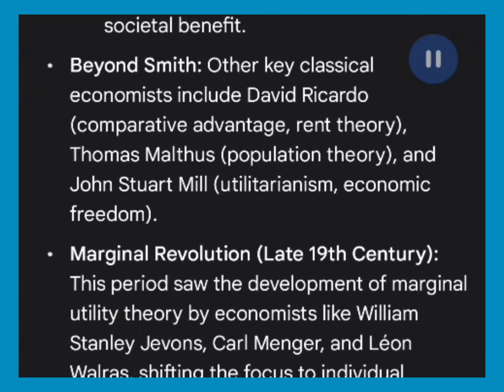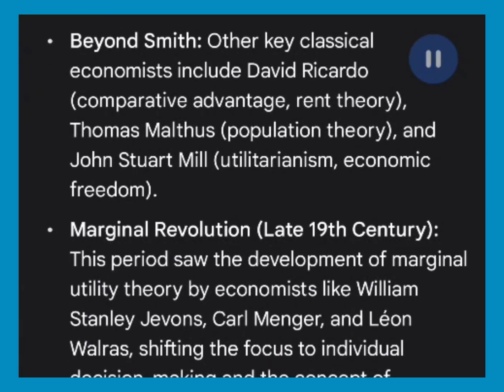Beyond Smith, other key classical economists include David Ricardo (comparative advantage, rent theory), Thomas Malthus (population theory), and John Stuart Mill (utilitarianism, economic freedom).